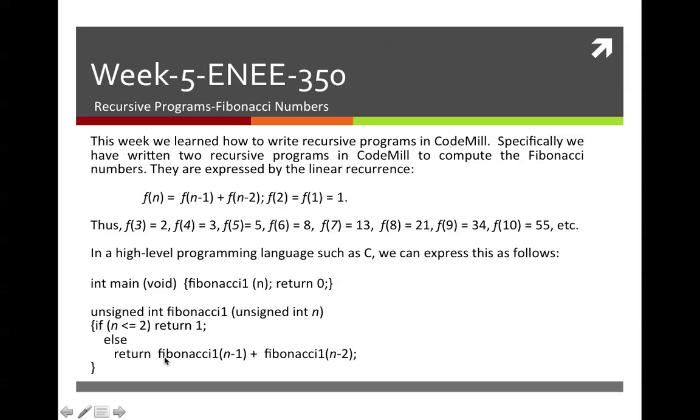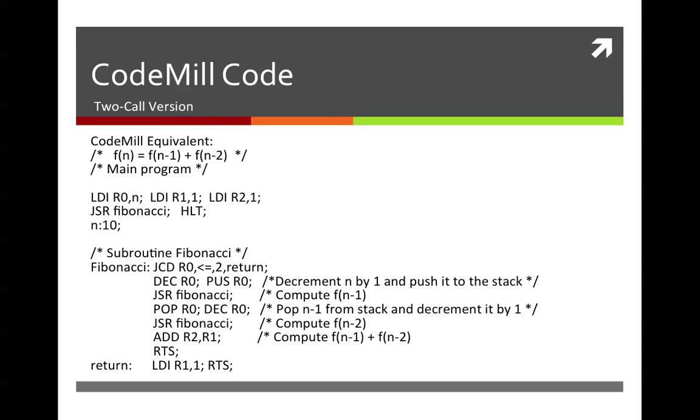If it isn't, then it simply returns the prior two values added together. So that's as simple as that. So the CodeMill version of this is not really that far off from this representation, except we need to use CodeMill's own instruction syntax.